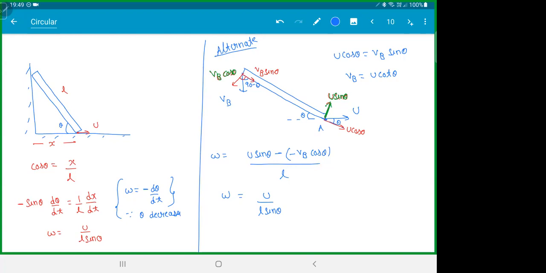You can take relative tangential velocity and finish it off. Sometimes it clicks, sometimes it doesn't click. So both the methods are quite useful. Clear with this? Please check. Any doubts on this?